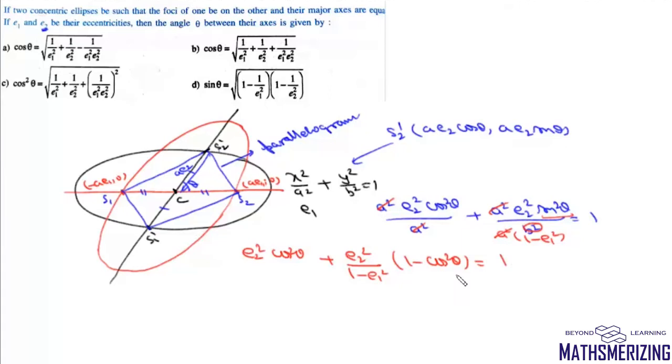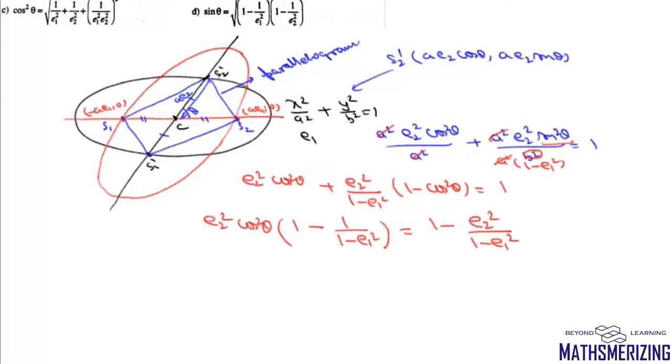So we'll take cos square theta together, and then we'll take this other expression on the right hand side. We'll write E2 square cos square theta, and this is 1 minus 1 upon 1 minus E1 square, and this is equal to 1 minus E2 square upon 1 minus E1 square.